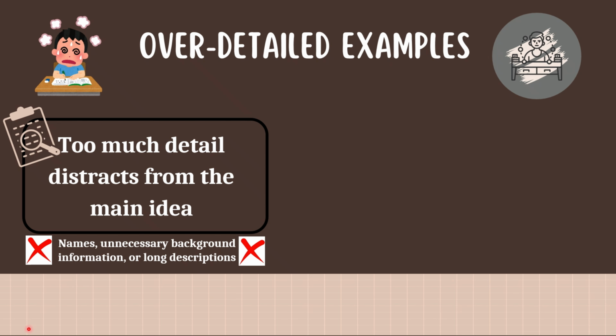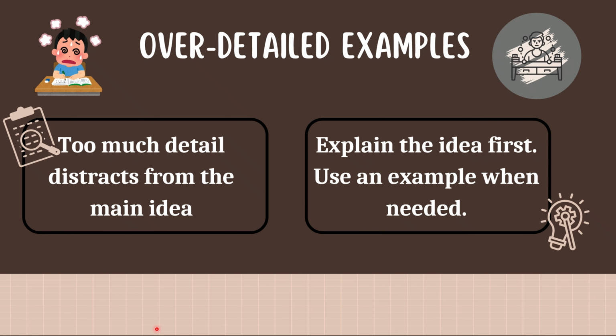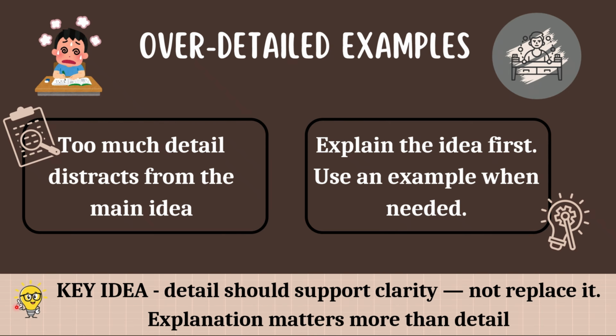When an example becomes a short story, the focus of the paragraph is lost. Instead of adding detail, it is more effective to explain the idea clearly and use a short, focused example only when needed. In IELTS writing, detail should support clarity, not replace it.